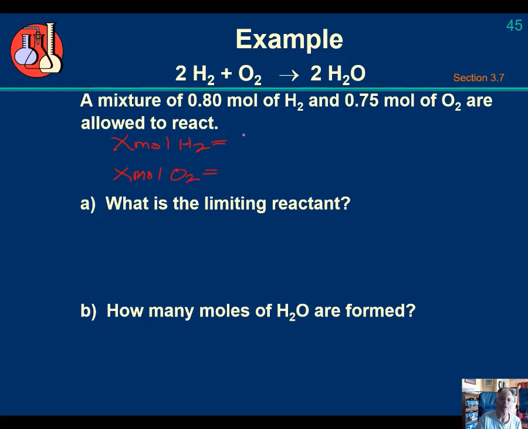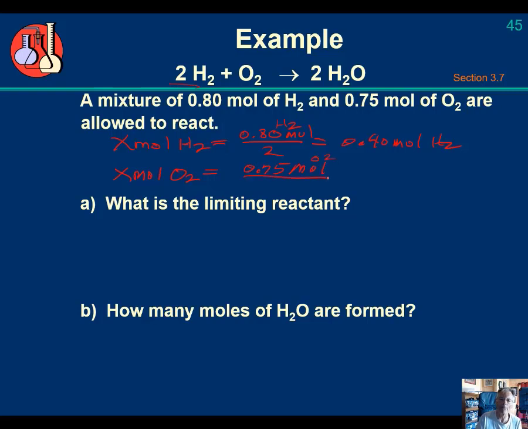So for H2, I've got 0.80 moles of H2. My coefficient for H2 is 2, and so I'm going to divide 0.8 by 2, which gives me 0.40 moles of H2. For the O2, I'm going to take my 0.75 moles of O2.